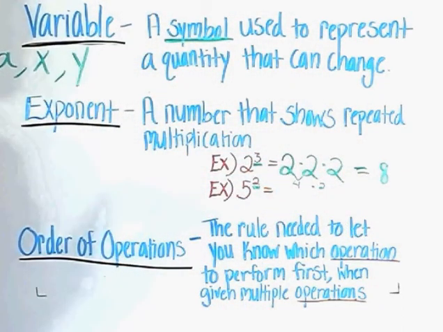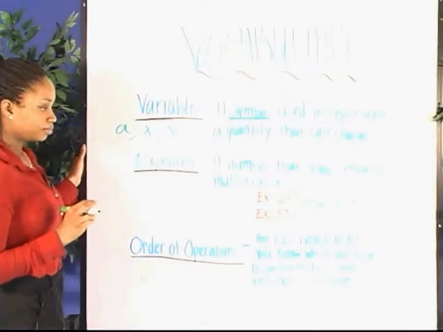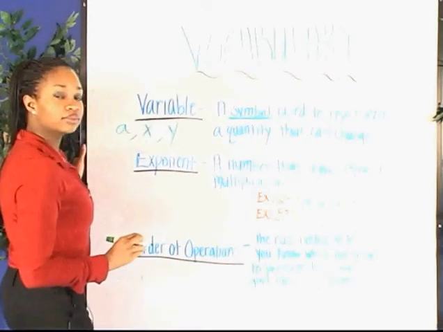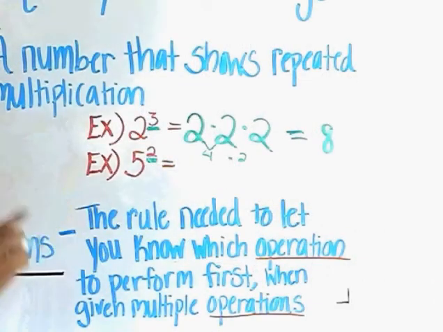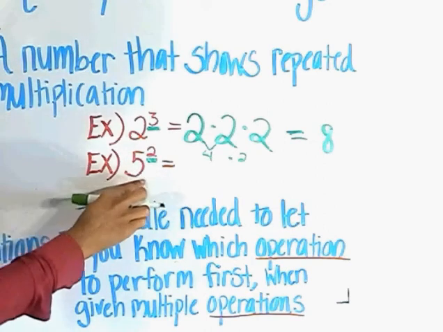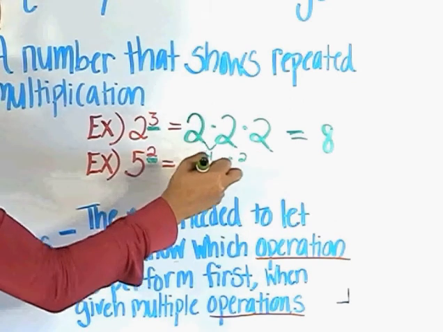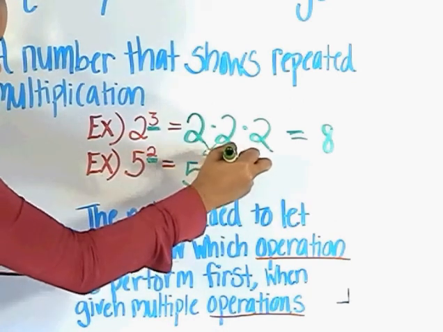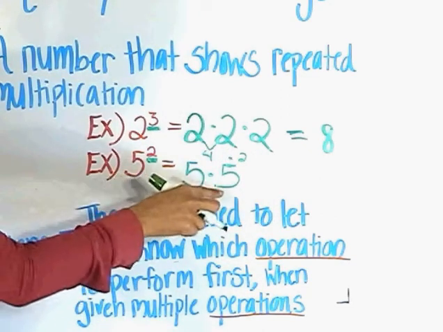Very good. Let's go over this next example and see if we can figure it out. What is the exponent in this problem? Very good. It's the number 2. So how many times are we going to multiply 5 to itself? We have 5 times 5. How many 5s do we have here multiplying together?